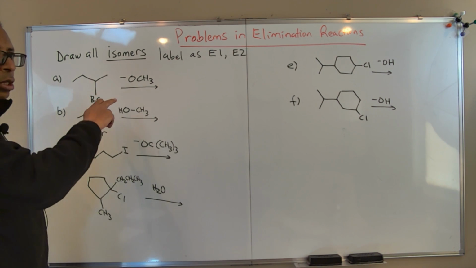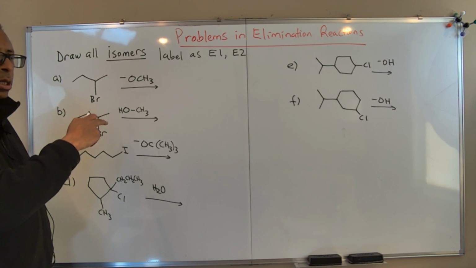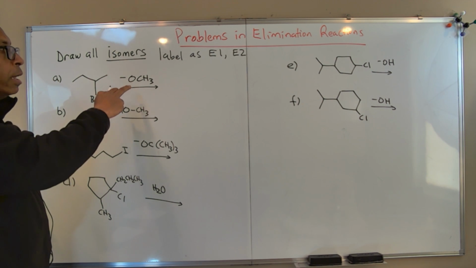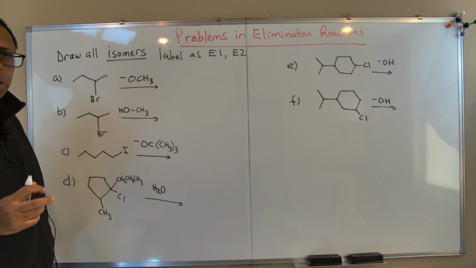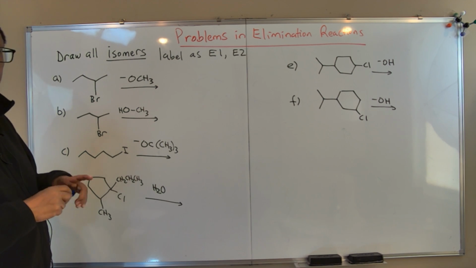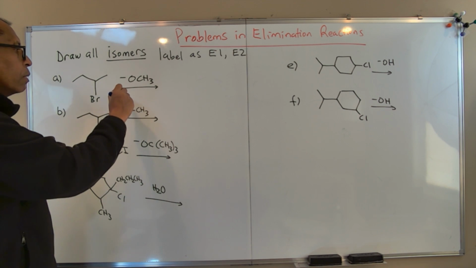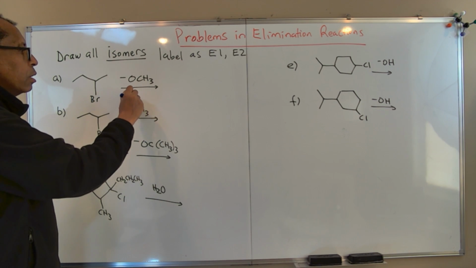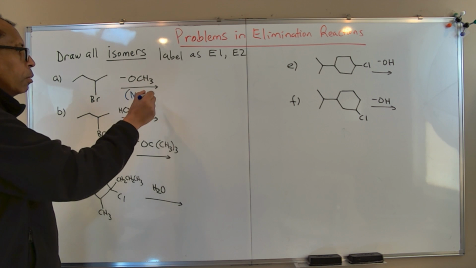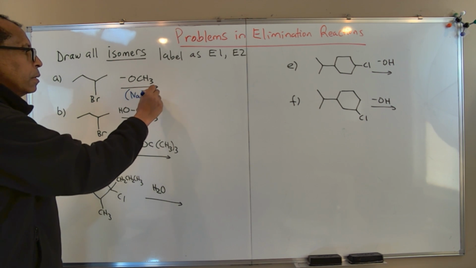So on question 1, the condition is methoxide base. Methoxides are strong bases, derived from sodium methoxide. If you were to write the full reagent, it could be sodium or potassium methoxide.